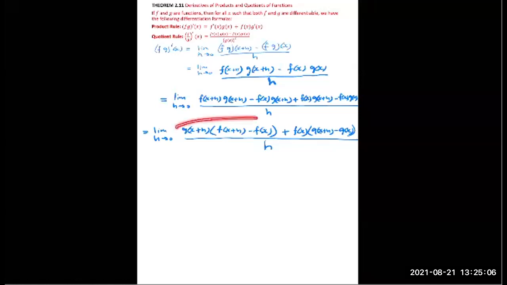Now, think of this as your first expression plus this as the second expression. You have a common denominator, so I can put that denominator underneath of this expression and underneath of this expression individually.